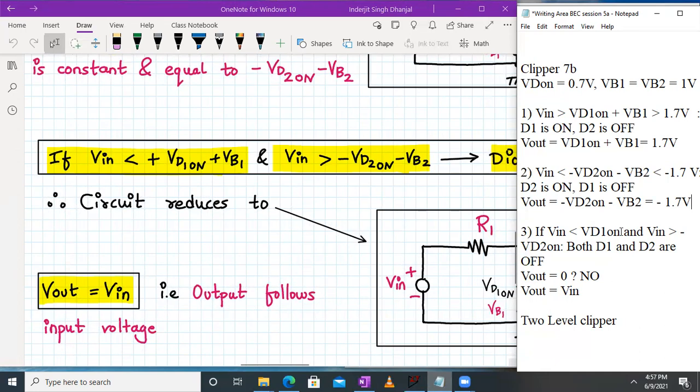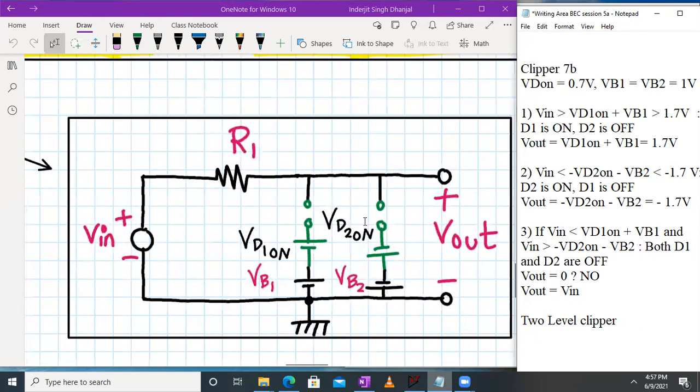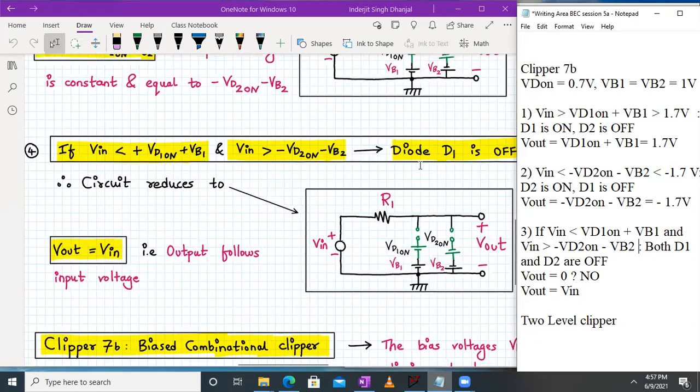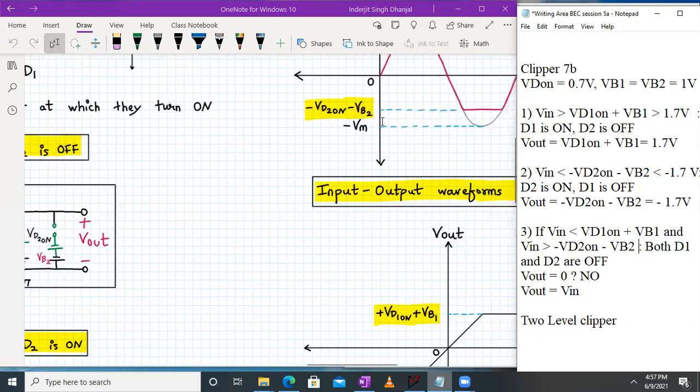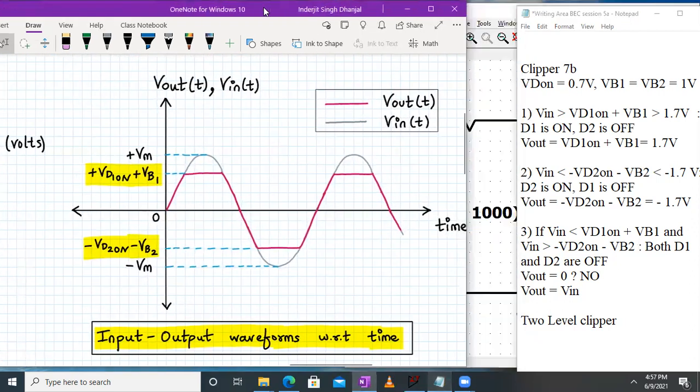Let me do that: plus VB1, and here it will be minus VB2. So both the diodes will be off, and your circuit will reduce to this. My Vout will be equal to Vin. That means the output will follow the input whenever both the diodes are off. And let us quickly see the output waveforms over here. So here are my output waveforms.